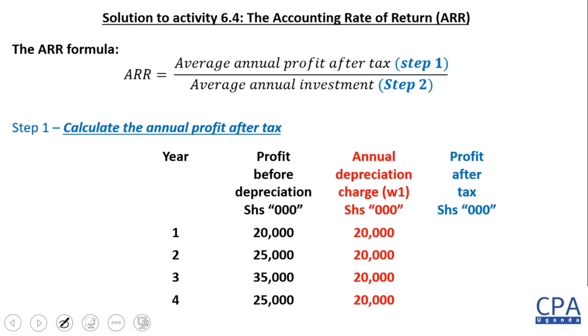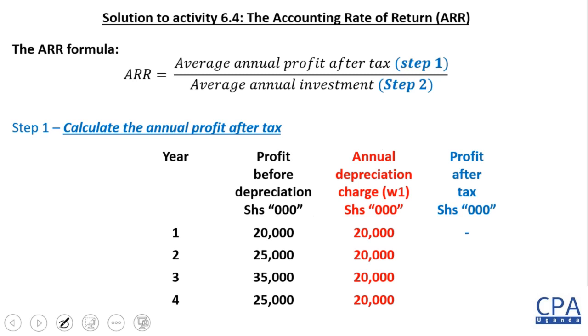to, of course, I've completed those two columns, and therefore we proceed to our column number 3 for profit after tax to include the differences between profit before depreciation and the annual depreciation charge. So of course for year 1, when you get the 20 million minus the 20 million, definitely that comes to a 0.